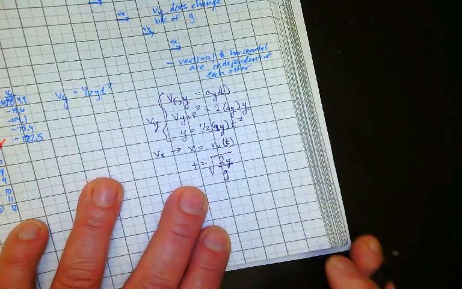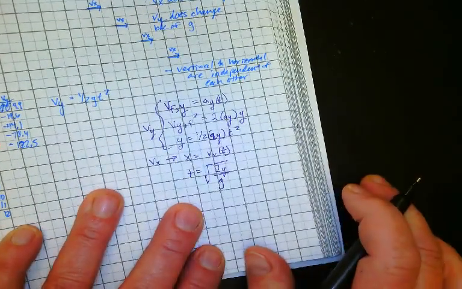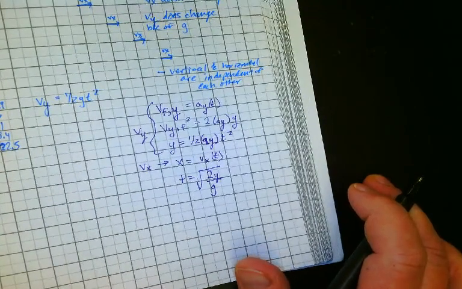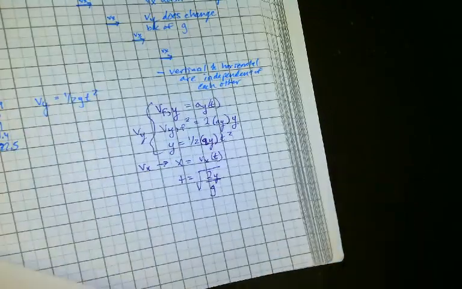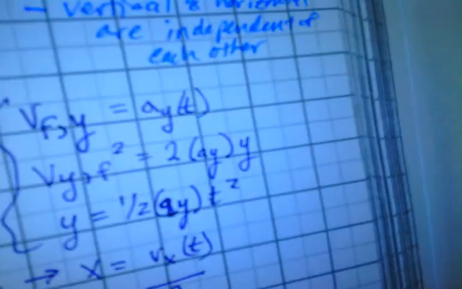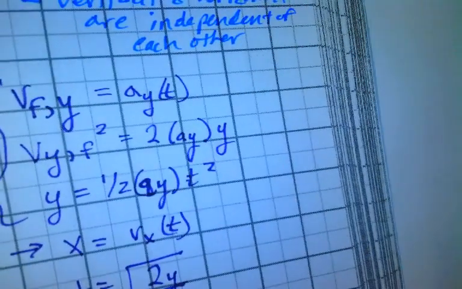Why on the second one do you have Vyf squared? Okay, great question. So I'm going to write that down. Should that be 2y or 2x divided by g for the t? Let me write them.